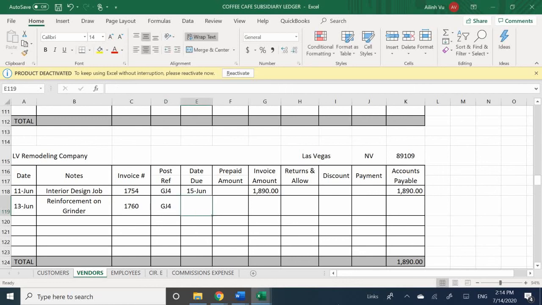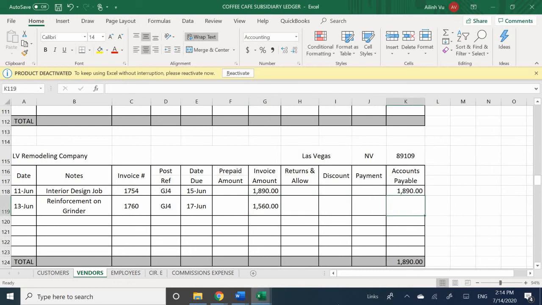And what was the due date? It's due in 4 days, correct? So what is 4 days from the 13th? 17. It's due on the 17th. Okay. And the invoice is for $15.60. Okay.